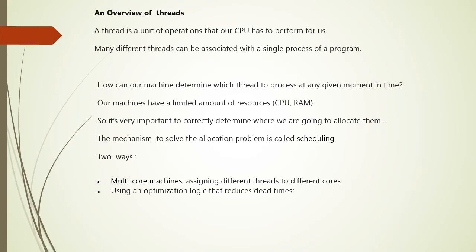The logic behind this can be very complex, but to make a long story short, we can group two of the biggest ways in which this operation can be performed. The first one is multi-core machines, which are assigning different threads to different cores. And second is using optimization logic that reduces wait times.